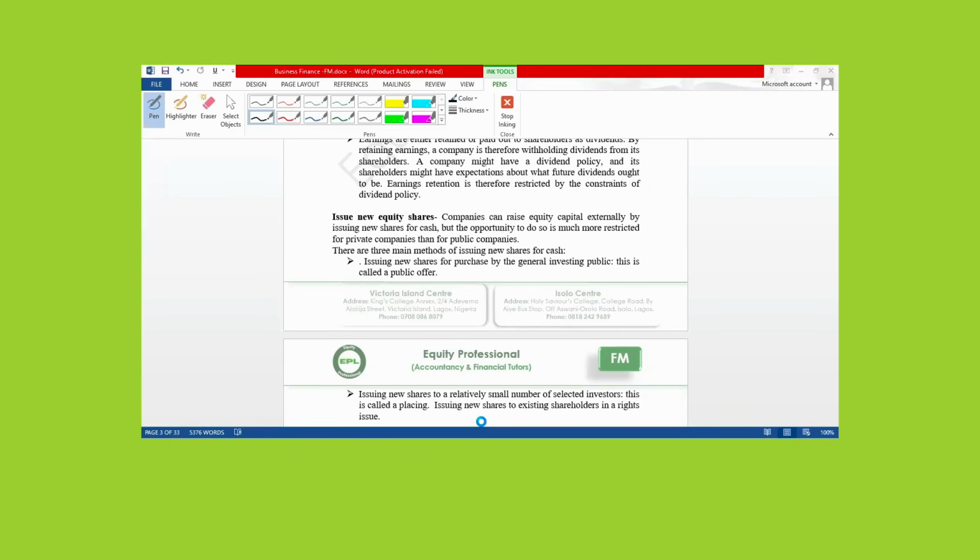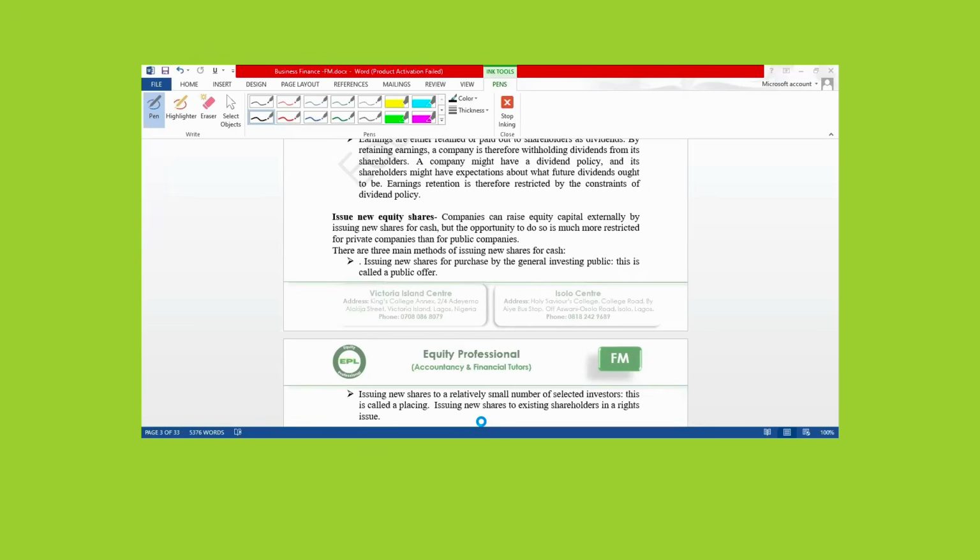Public offer is very expensive. The cost of a public offer is very high. The issue cost for a public offer is high.